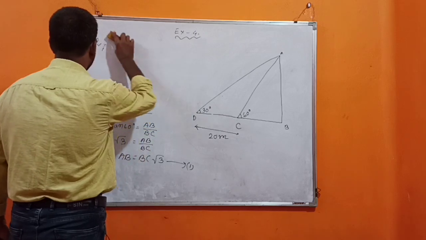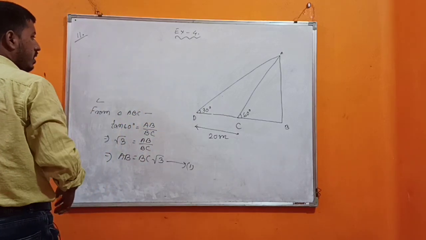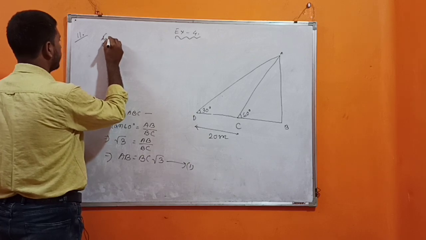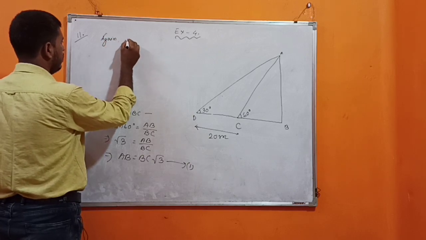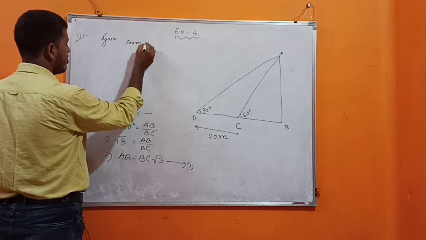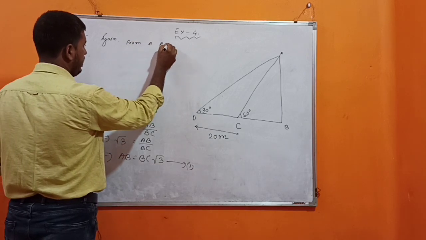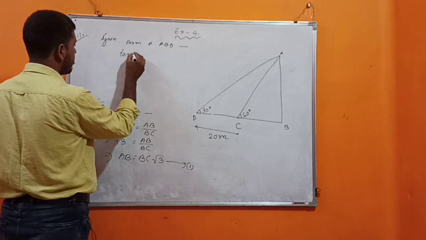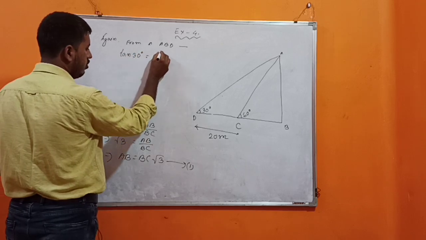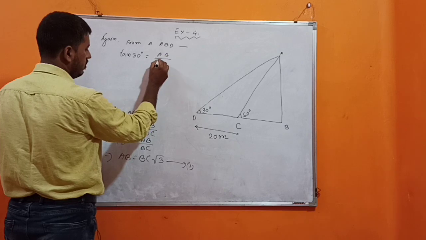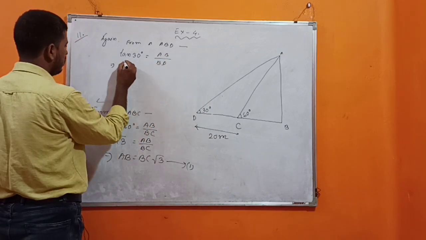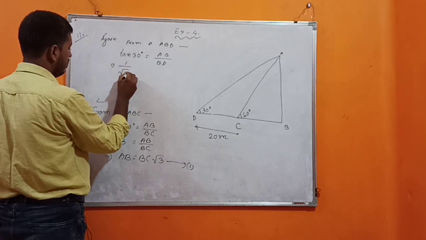So what now we have to consider? We have to consider now the triangle ABD. Okay, again from triangle ABD, tan 30 equal to what, AB by BD. Okay, so tan 30 can be written as 1 by root 3.